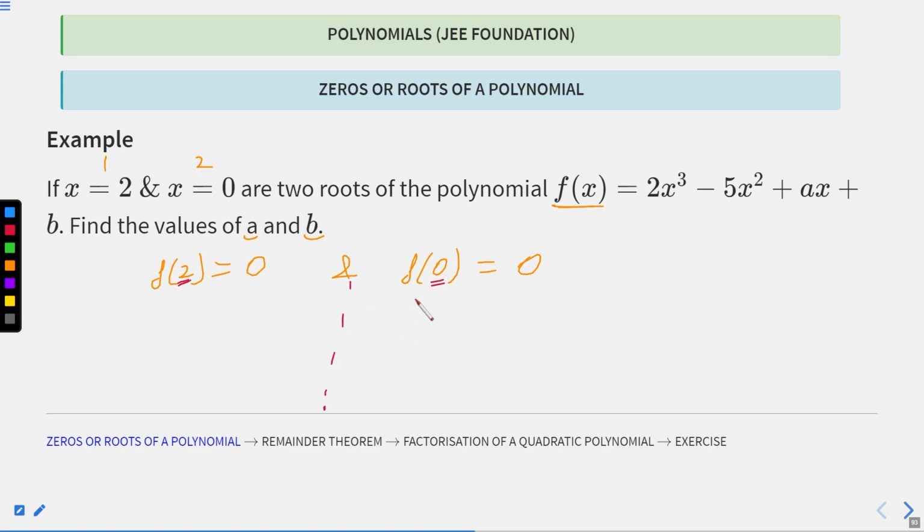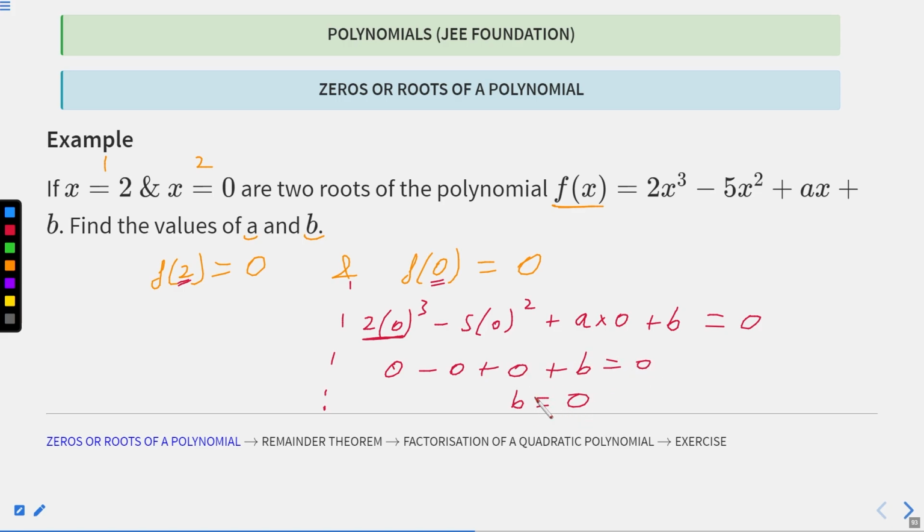So let's see, f(0), what is it? 2 times 0 cube minus 5 times 0 square plus a times 0 plus b equals 0, and we know that any number multiplied with 0 will give me 0, so minus 0 plus b equals 0. From this I can say that b equals 0.